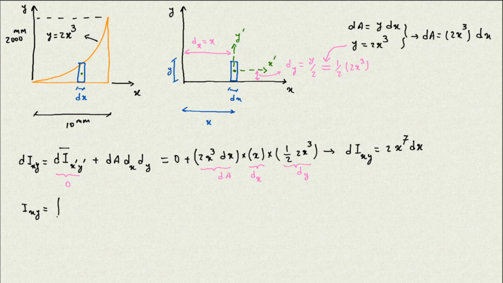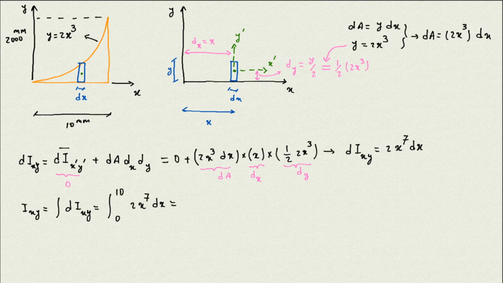So I just integrate dIxy, and here dIxy is a function of dx, so we have the integration along the x-axis. So it's going to be from 0 to 10, because we integrate along the x-axis, and then we have 2x to the power of 7 dx.